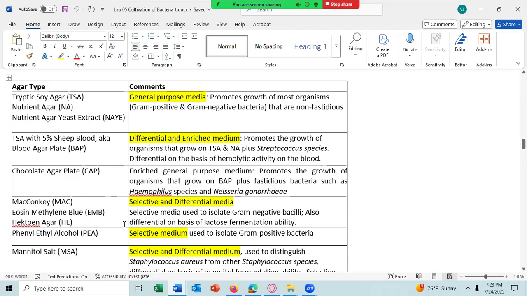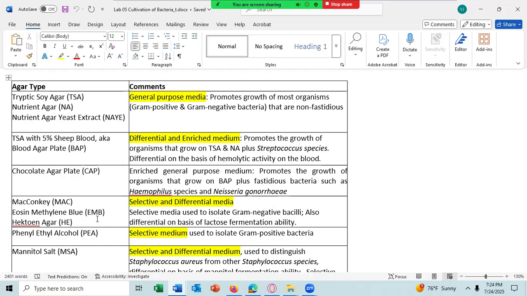We also have MacConkey's agar, which is selective and differential, and MacConkey's, EMB and HE are all selective and differential. They are all selective for growing gram negatives, meaning they select against gram positives, but gram negatives tend to grow on them. And they also are differential.